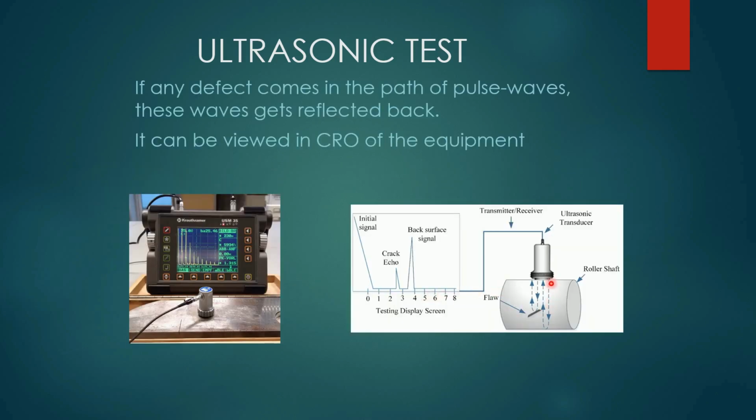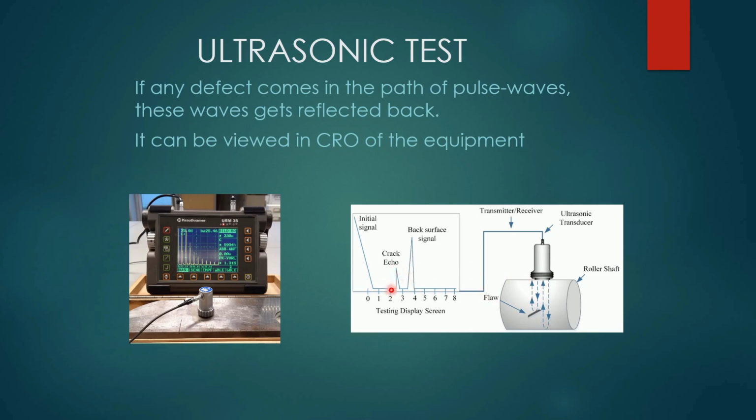You can see when no foreign material or inclusion or any defect is there, the wave comes from the transducer and goes back again to the transducer in a particular waveform, right? So if any defect comes in the path of this pulse wave, these waves get reflected from that particular point.